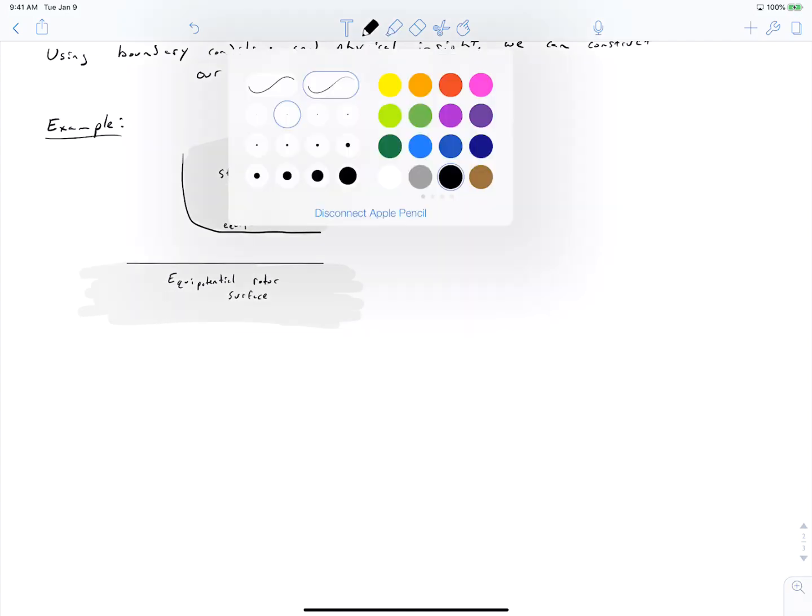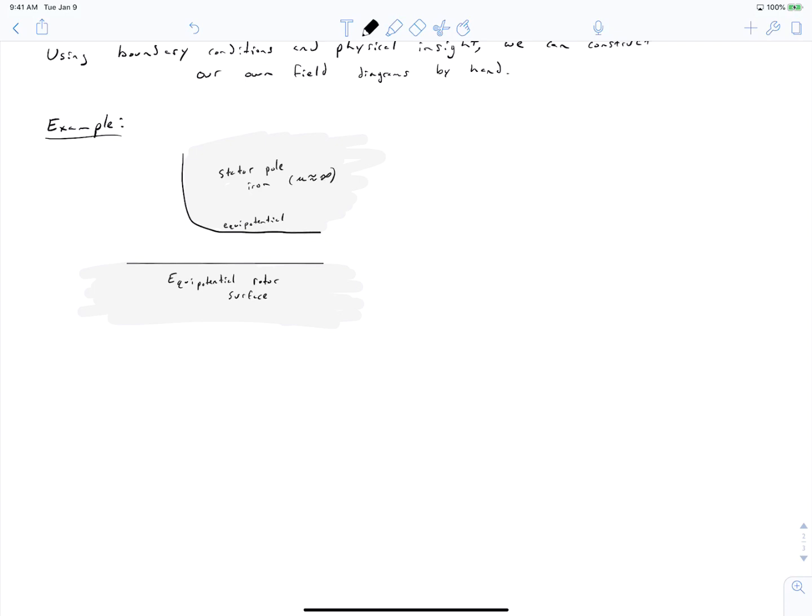Our textbook tells us that this line is a line of symmetry. So basically our model stops at this point as far as what we're modeling. The physical system continues. And on this line, we're going to be imposing a symmetric boundary condition, or a boundary condition based on symmetry. And that condition is that all flux is perpendicular to this surface.